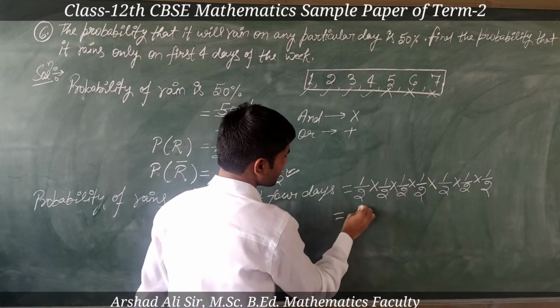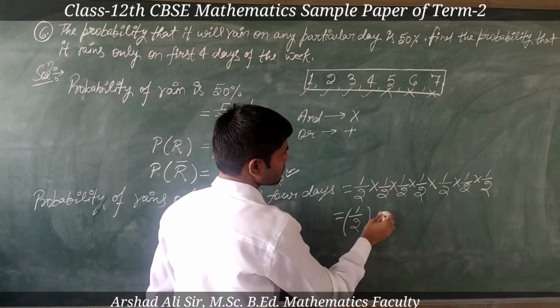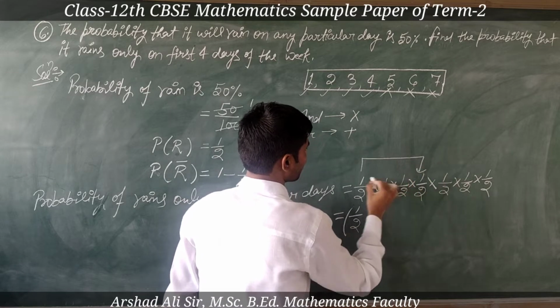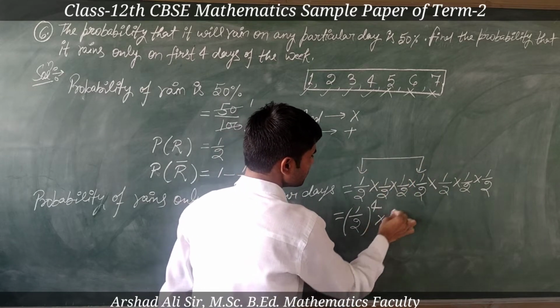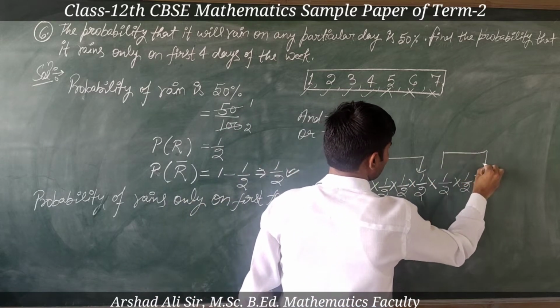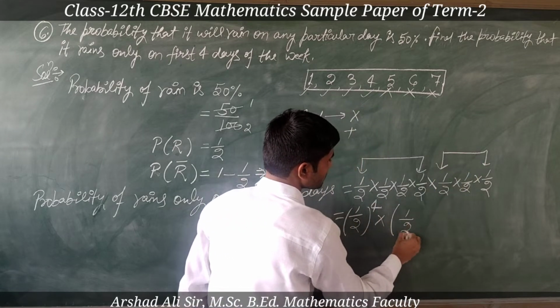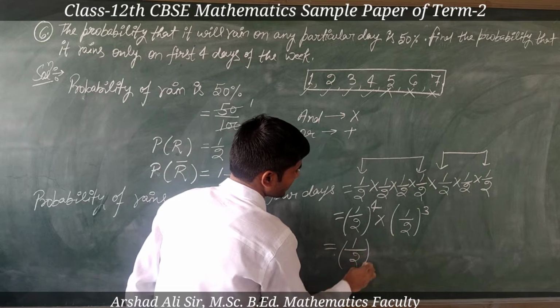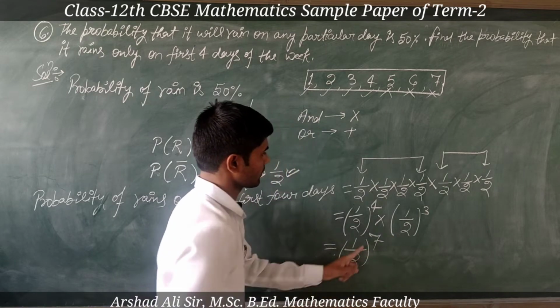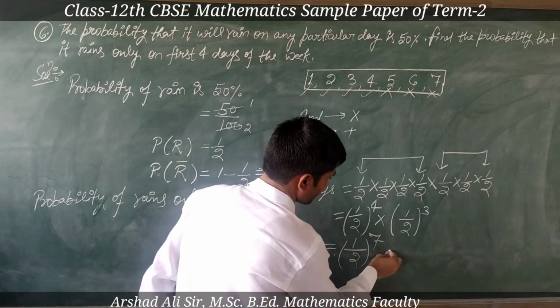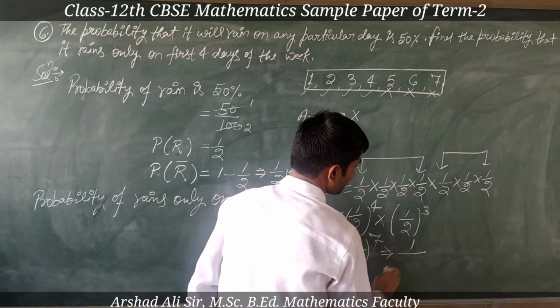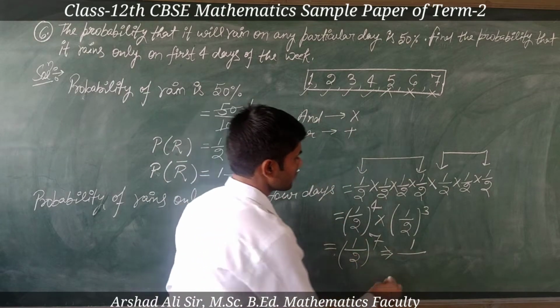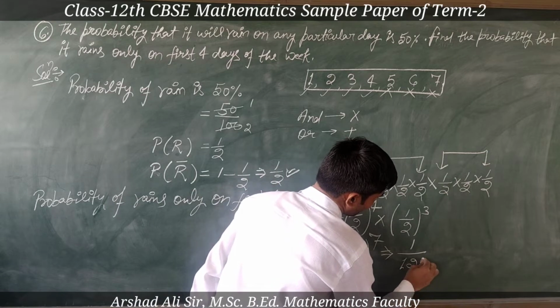So we can write 1 by 2 to the power 4 and 1 by 2 to the power 3, or combined, 1 by 2 to the power 7, 4 plus 3 is 7. 1 to the power 7 will be 1 and 2 to the power 7 will be 128.